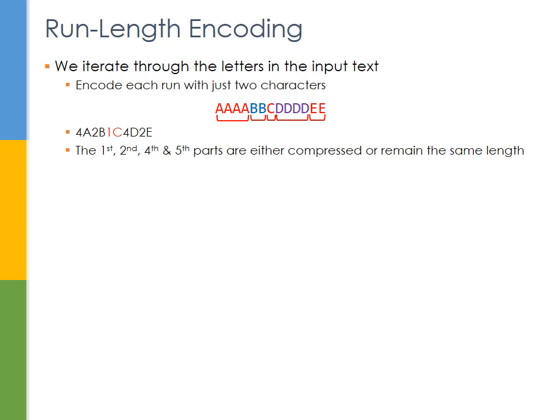All right, so what we see in this example is that the first, second, fourth, and fifth runs are either compressed, in other words, they consist of fewer characters than in the original input data, or they remain the same length. So we can see, for example, that for this first run of A's over here, we've used 2 characters to represent it, whereas in the original input text, we used 4 characters.